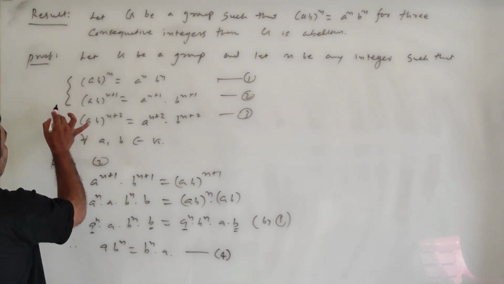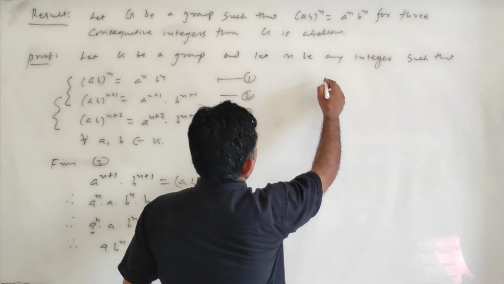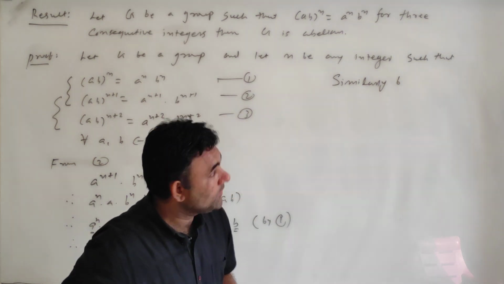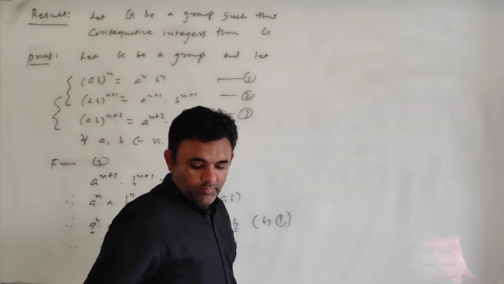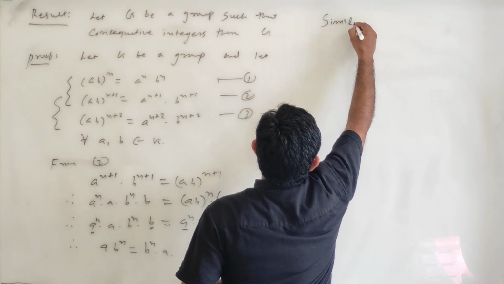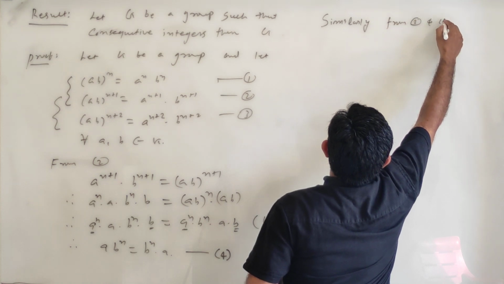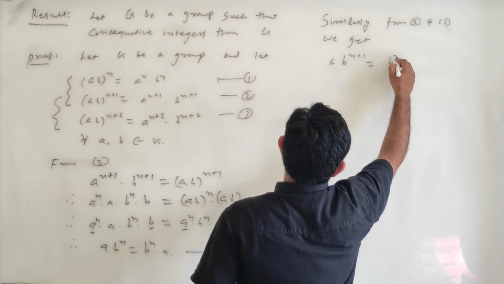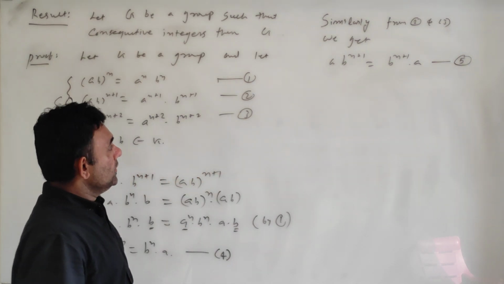So similarly, if I use these two things, that is the second and third, then from 2 and 3 we get ab raised to n plus 1 is equal to b raised to n plus 1 into a. So this is result number 5.